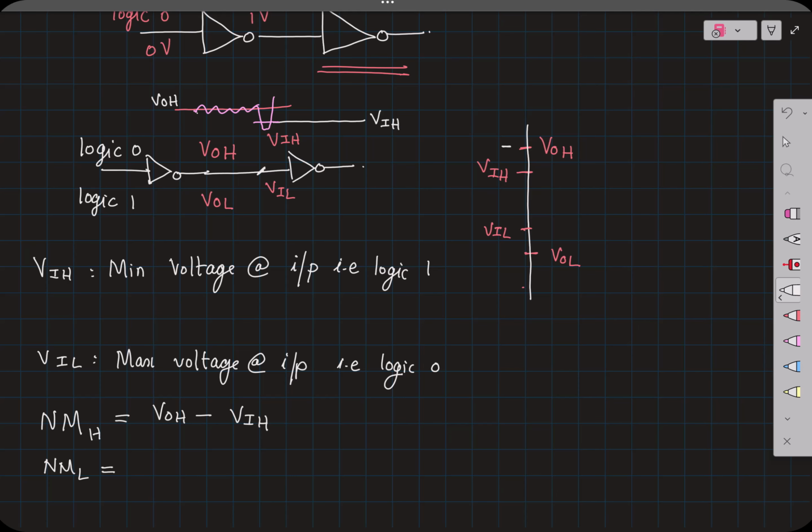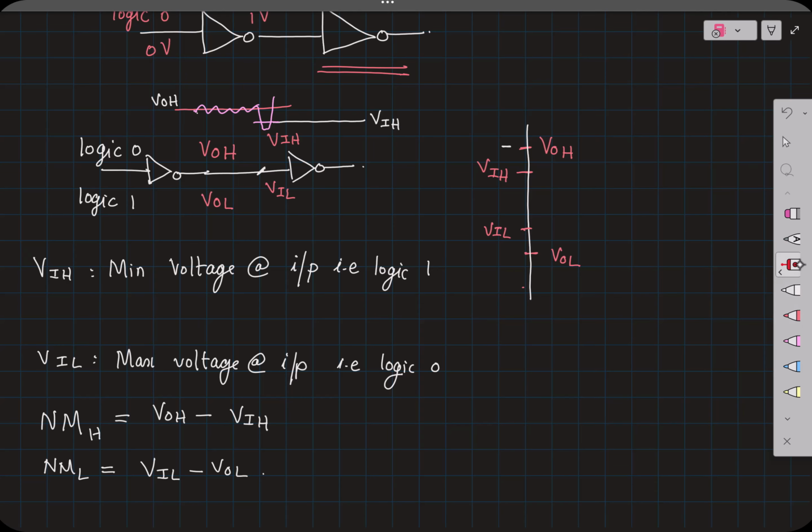VOL minus VIL? It has to be VIL minus VOL. And ideally, you would like to maximize both these quantities, NMH and NML, because that means your digital circuits are less sensitive to noise in the circuit.